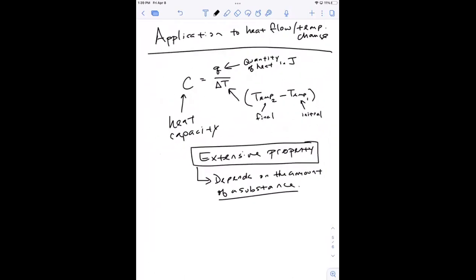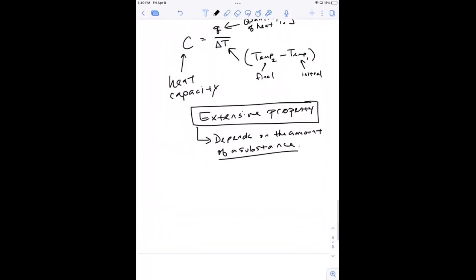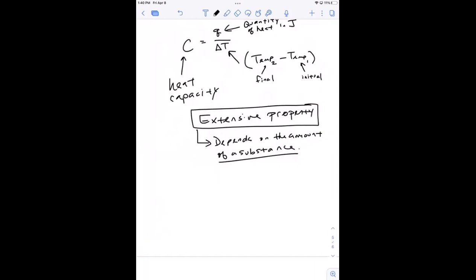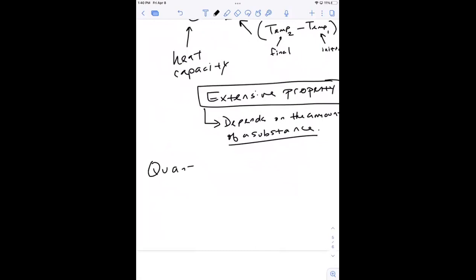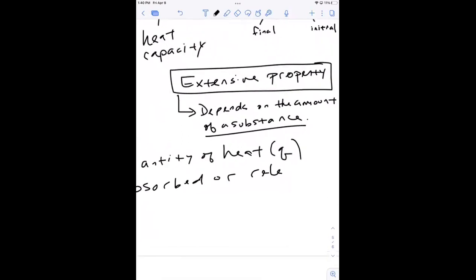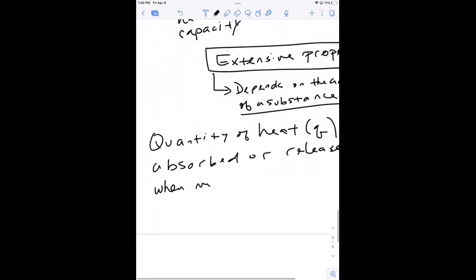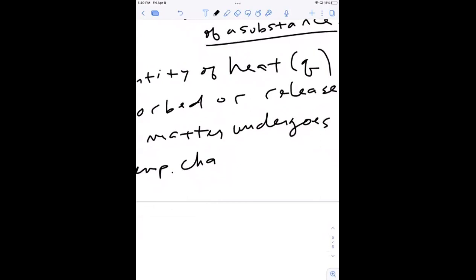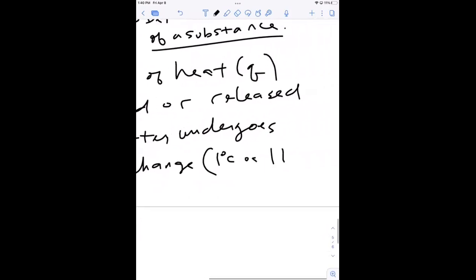All right. So what is specific heat? It's exactly what the relationship says right here. It's the quantity of heat absorbed or received when matter undergoes a change in temperature. So that's the Q. It's how much heat is either absorbed or released when matter undergoes a temperature change by 1 degree Celsius or 1 Kelvin.